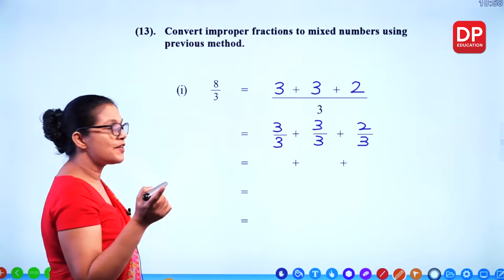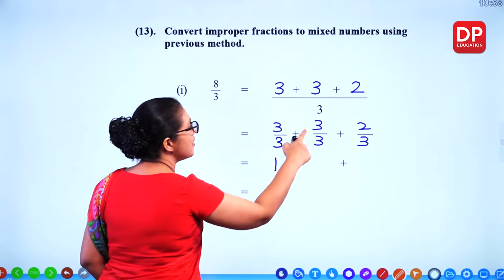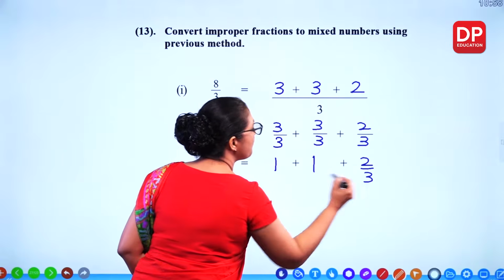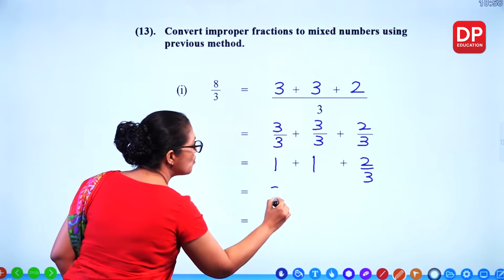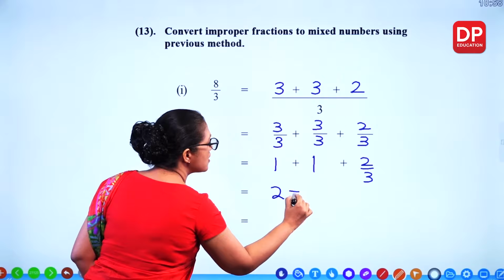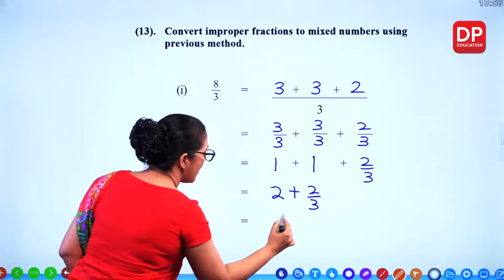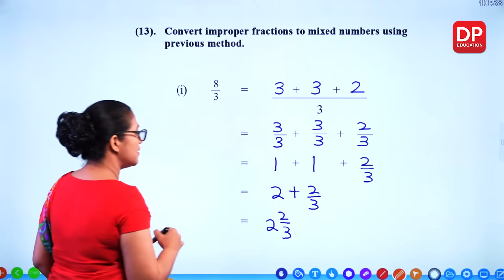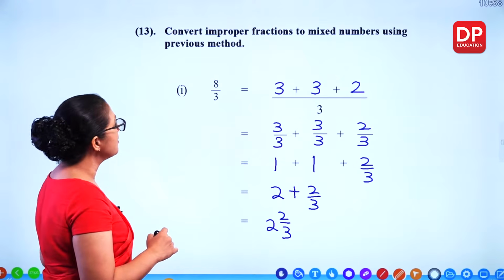So what's 3 over 3? You get 1. 1 and 1 and 2/3. So 1 plus 1, 2 and you get 2/3. I can finally write 2 and 2/3. So that's the mixed number.